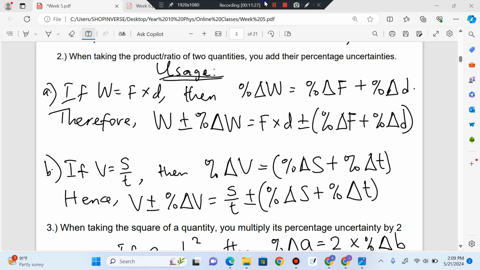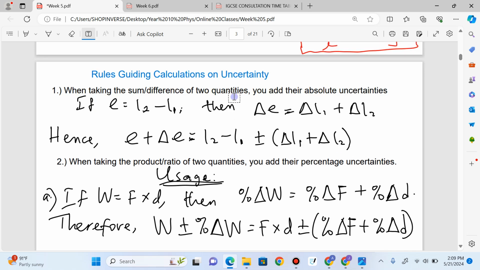So this is the formula we are using for multiplication. When taking the product or the ratio of two quantities, you add their percentage uncertainty. So if W equals F times D, then the percentage uncertainty of W equals the percentage uncertainty of F plus the percentage uncertainty in D. Don't forget that if you are dealing with addition of uncertainty, just add the absolute uncertainty. That is what we did here, okay?